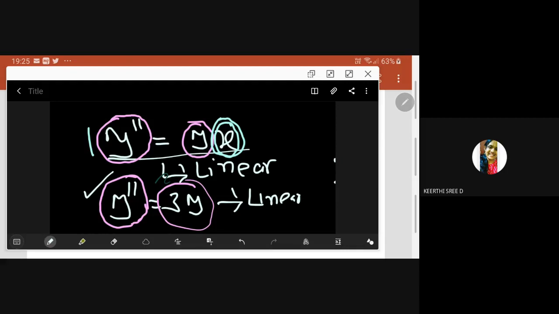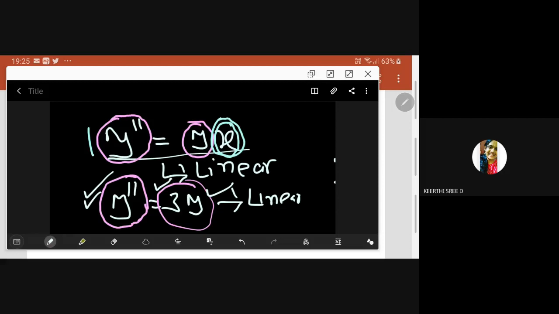In this term also there is y. If you look at this term, the coefficient of y double dash is 1, so it's a constant. And if you look at this term, the coefficient is 3. In both terms the coefficients are constant. So this is called a linear ordinary differential equation with constant coefficients.